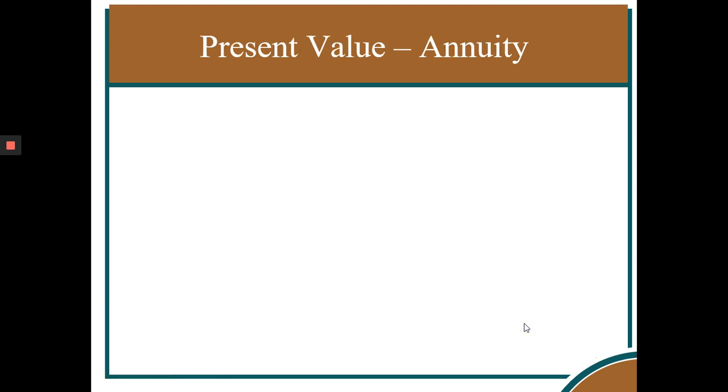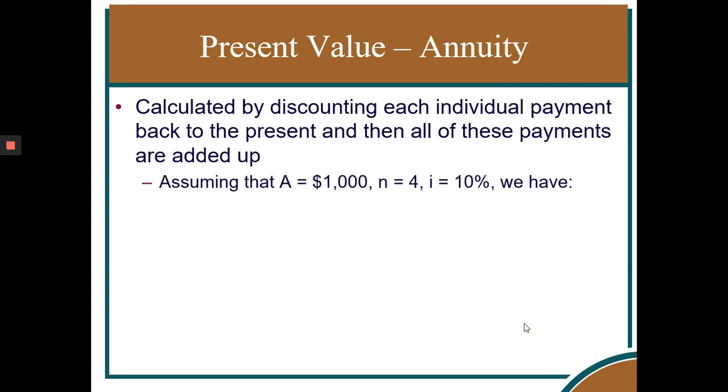Alright, so let's look at the present value annuity. It is calculated by discounting. When it's present value, you use the word discounting to find out the future value, how much it is worth today.